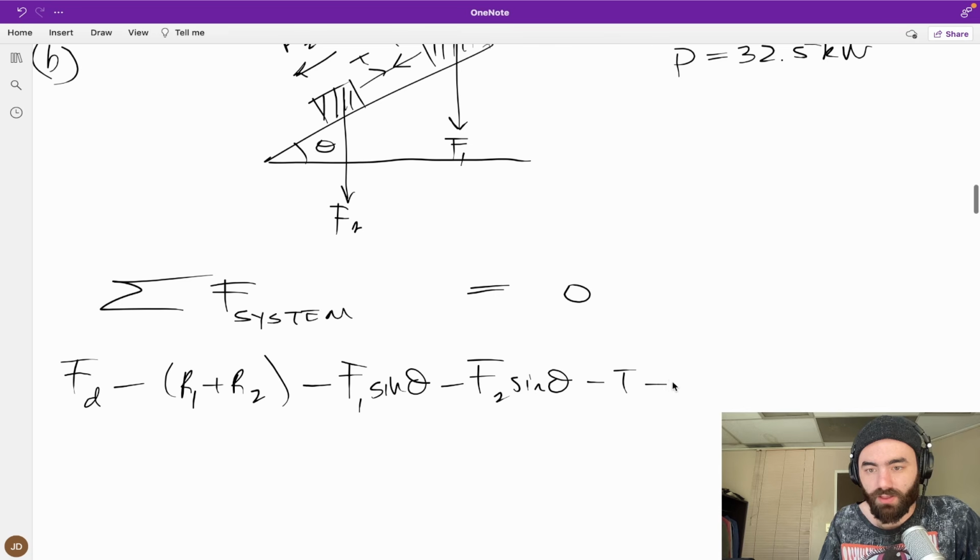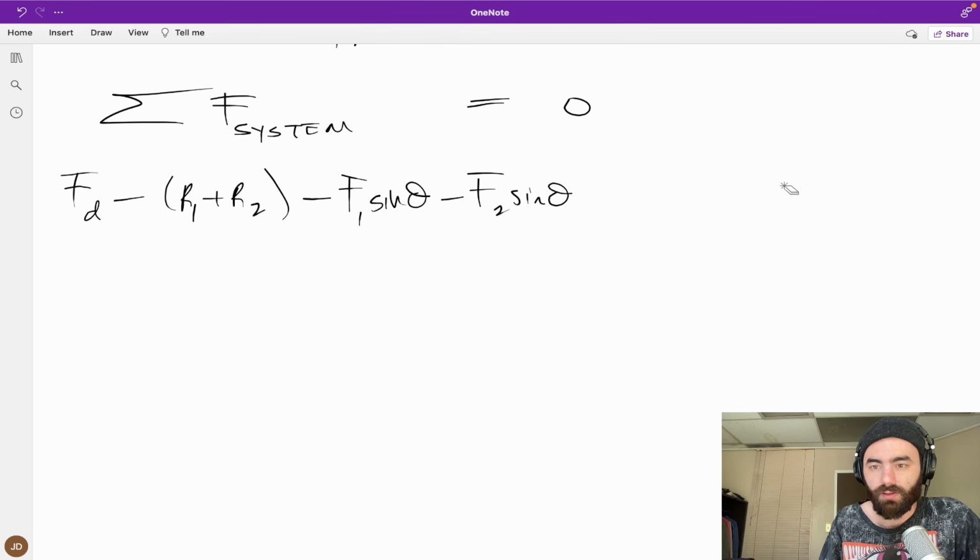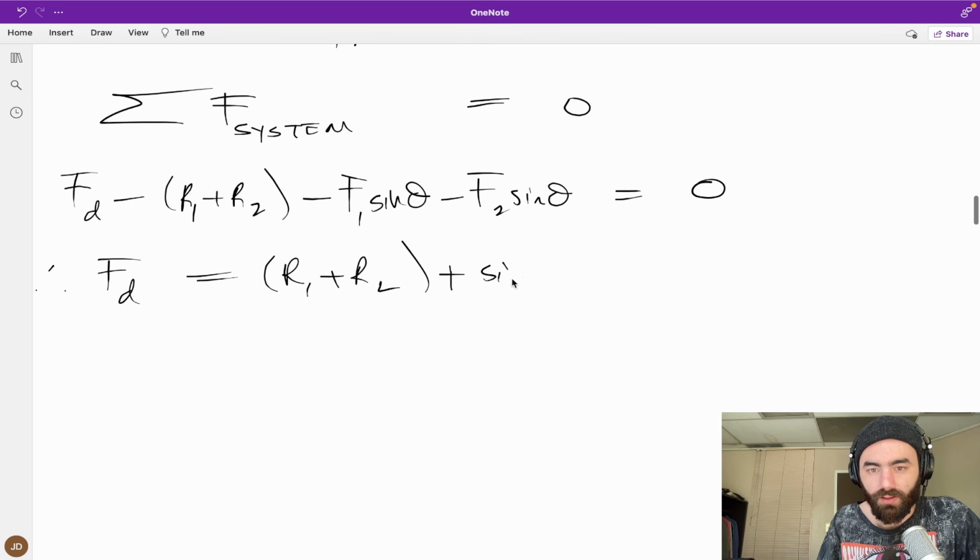Then we have minus T plus T for the tensions, but those will just cancel out. And so therefore we get Fd equals R1 plus R2 plus sine theta of F1 plus F2, right?